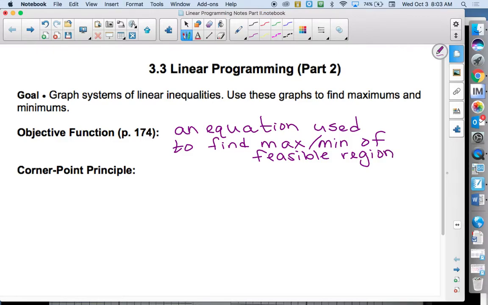Feasible region would be our solution. So the objective function is an equation that we're going to use to find the max or the min of some type of problem application. The corner point principle says the max or the min, or the max and the min, occur at the vertices of the graph.